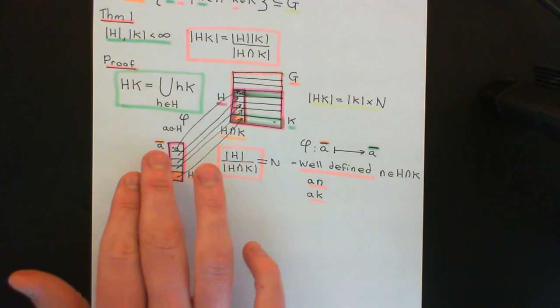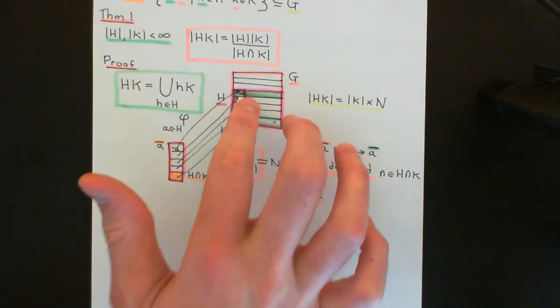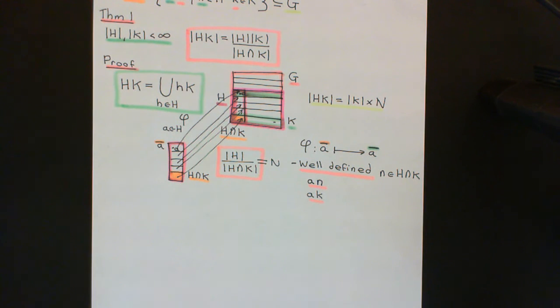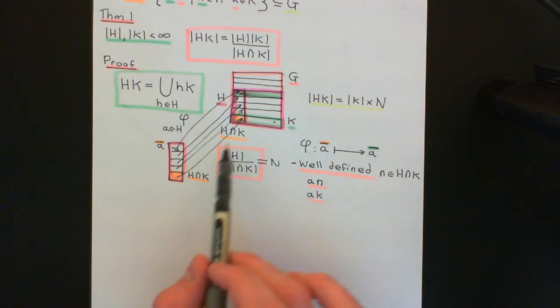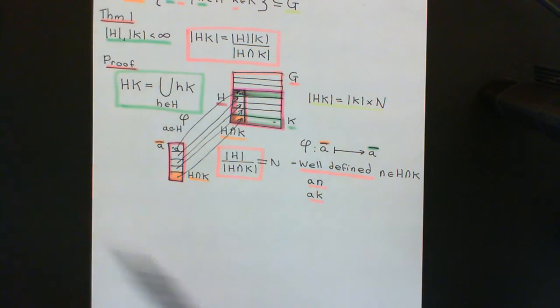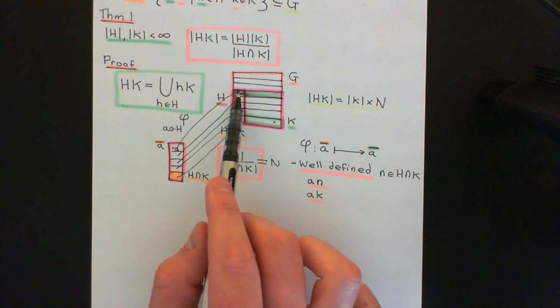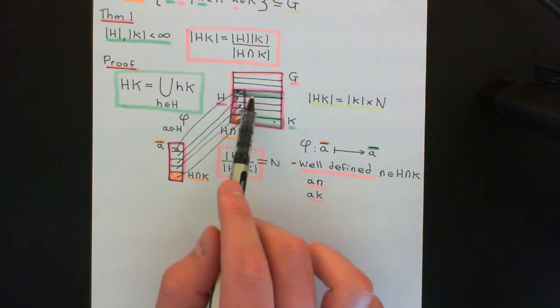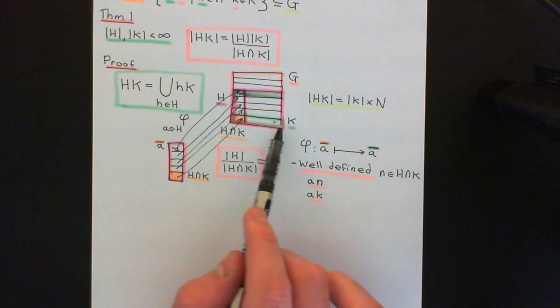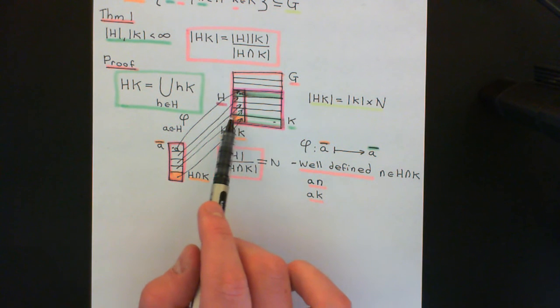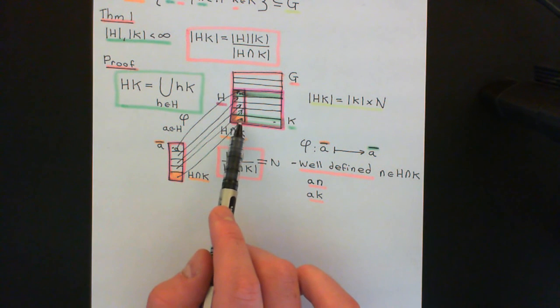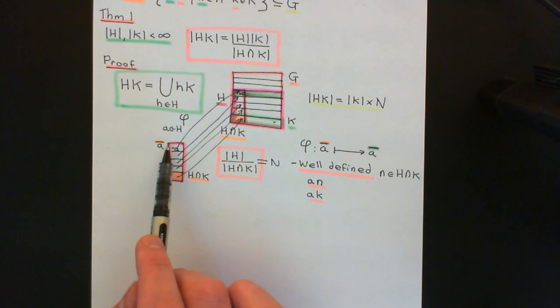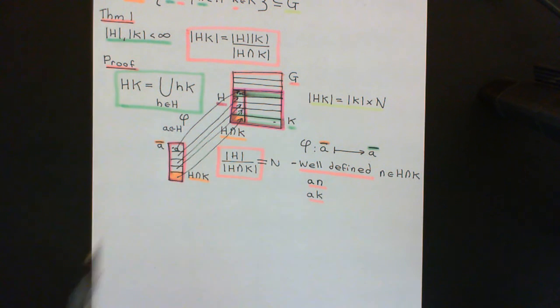The reason is that if you're in the same coset here, you're certainly going to be in the same coset over there, because H intersection K is just a small portion of K. So when you take the coset of A over here, you're going to compose it with all the elements of K, so you're certainly going to compose it with all the elements of H intersection K, so you'll get the full host of elements in the coset over here. Okay, so it is well defined.